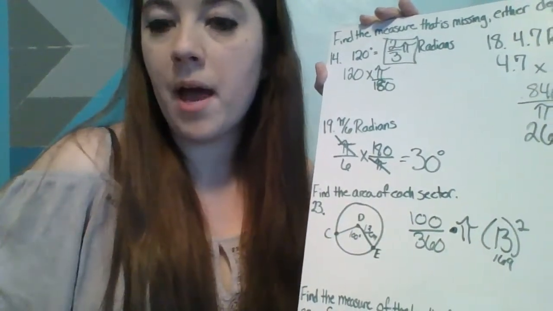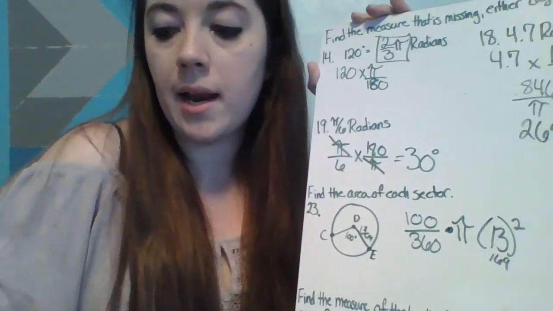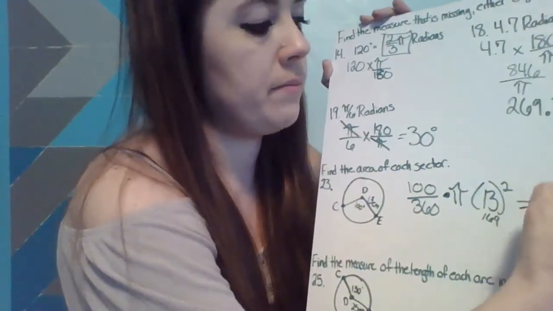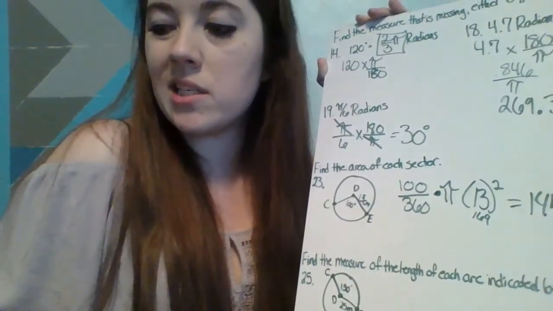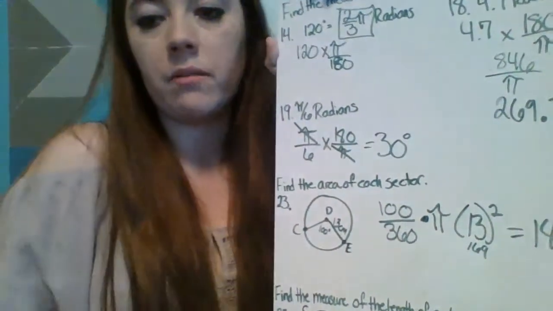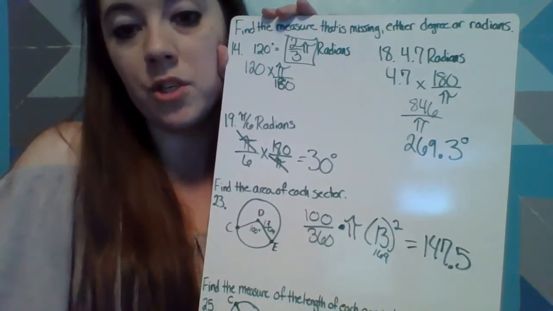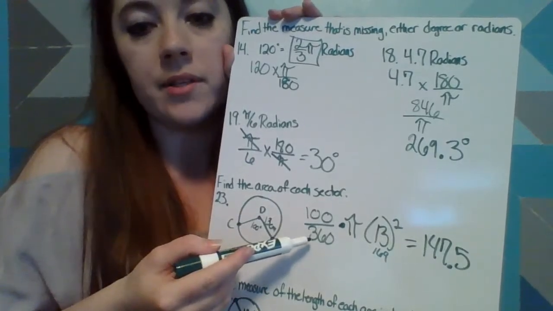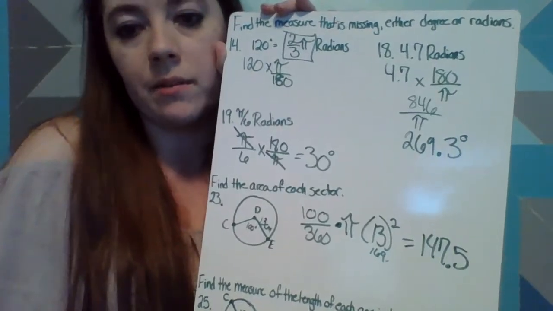So we multiply it by 169, and then we multiply it by pi, and we end up with 147 point, I'm going to round it to the nearest tenth, so 0.5. It was 0.48, so I just rounded it up to 0.5. And that's what you do. You can type that whole thing right in your calculator. Just take the 100 divided by 360, multiply it by pi, then multiply it by 169, and there's your answer.